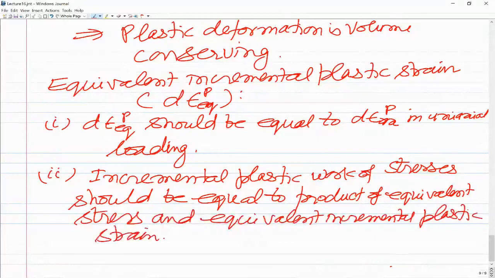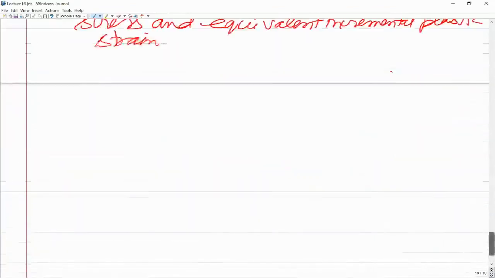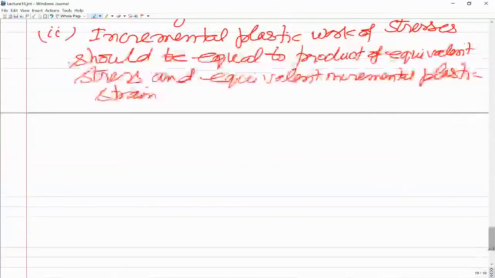So these are the two things which should be satisfied by the definition of this d epsilon equivalent p.